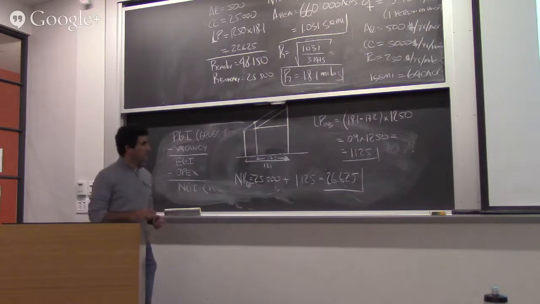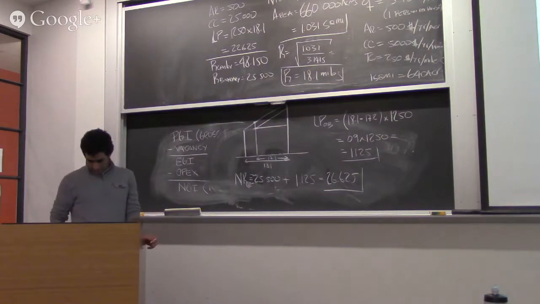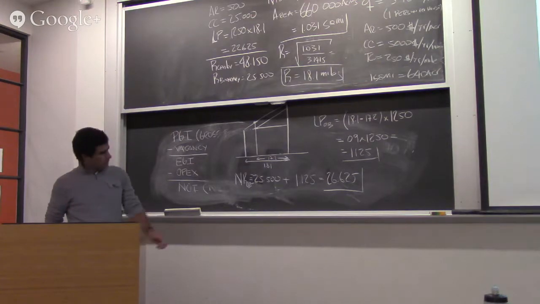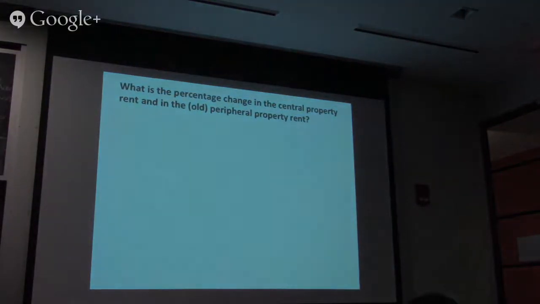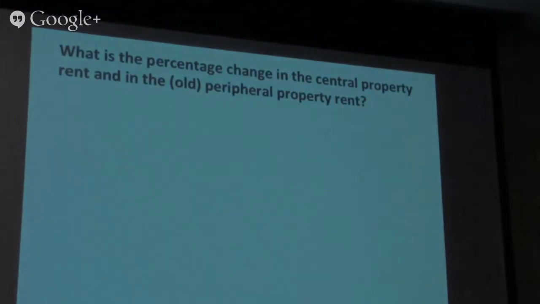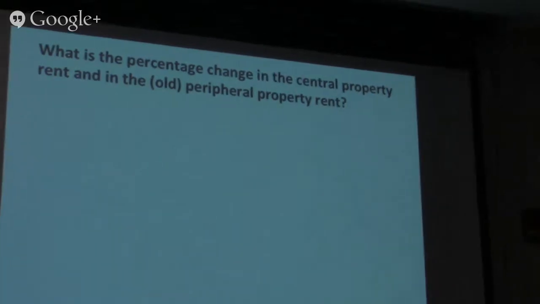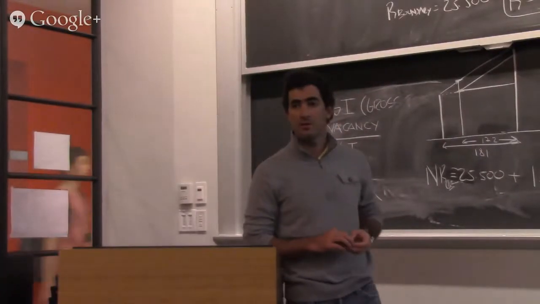All right. Now, last question. The percentage change in central rent and old boundary rent. First, what's your intuition about it? Which one's going to increase more and which one's going to increase less?